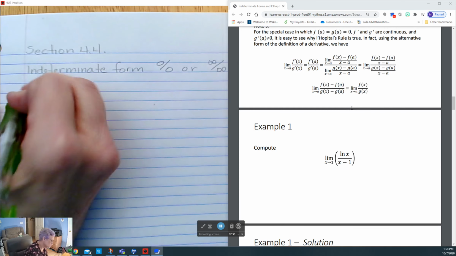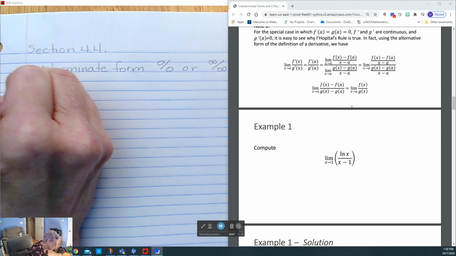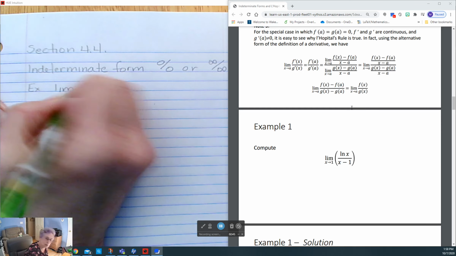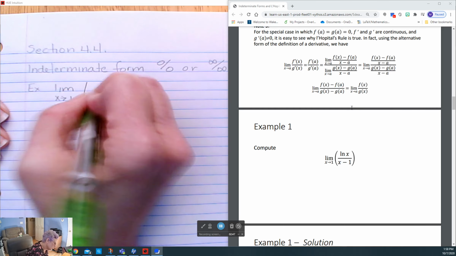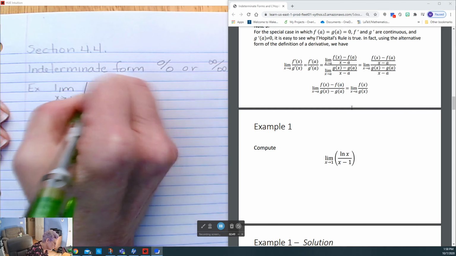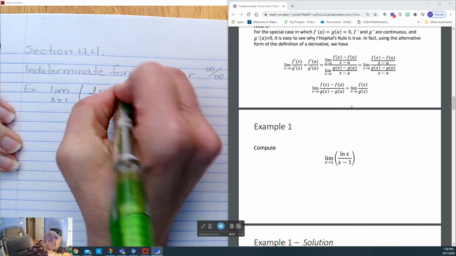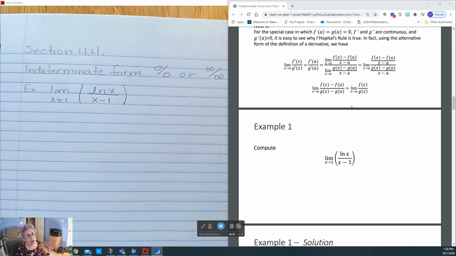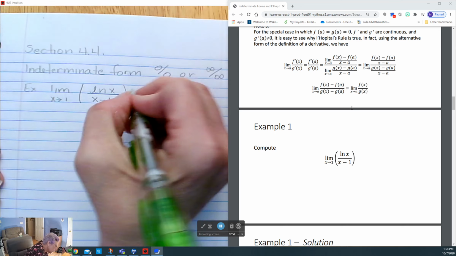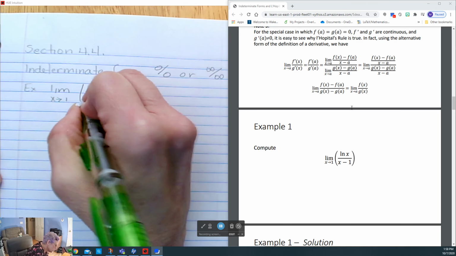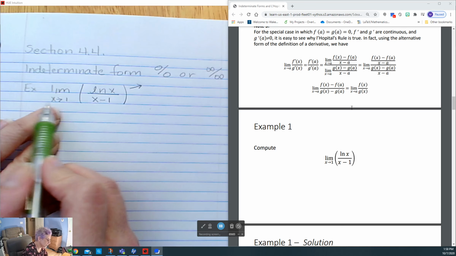So let's look at that very first example that we had there. Limit as x approaches 1 of the natural log of x over x minus 1. Now usually when I work these problems, I like to draw a little arrow up to the side and show what I get when I plug it in.